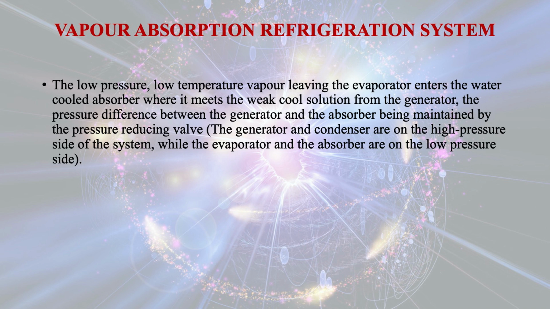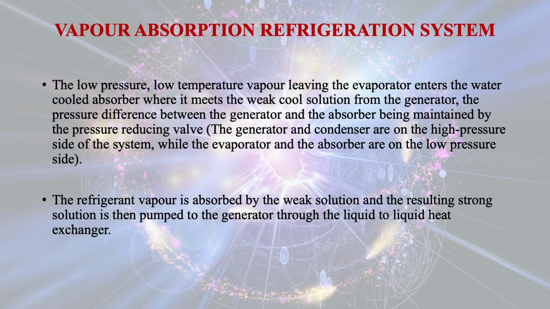The generator and the condenser are on the high pressure side of the system while the evaporator and the absorber are on the low pressure side. The refrigerant vapor is absorbed by the weak solution and the resulting strong solution is then pumped to the generator through the liquid to liquid heat exchanger.